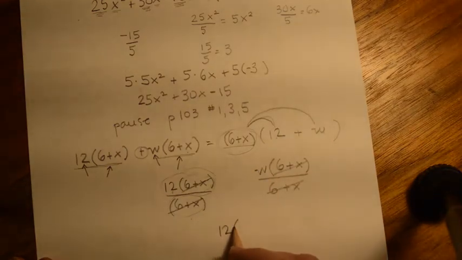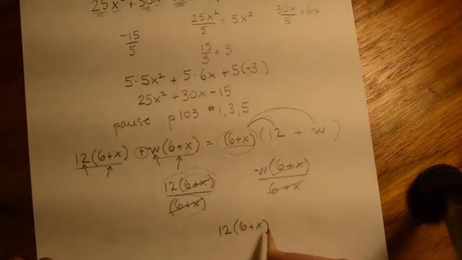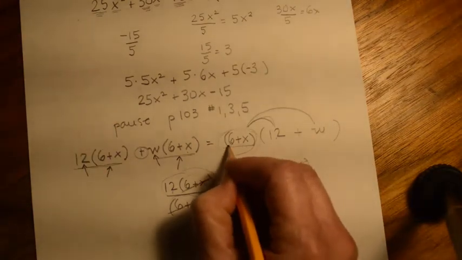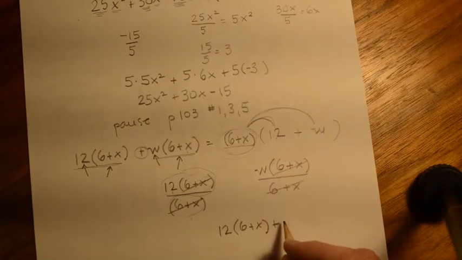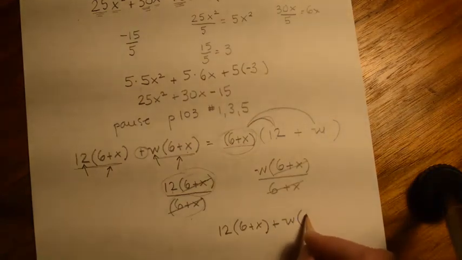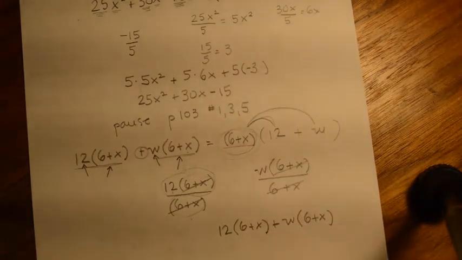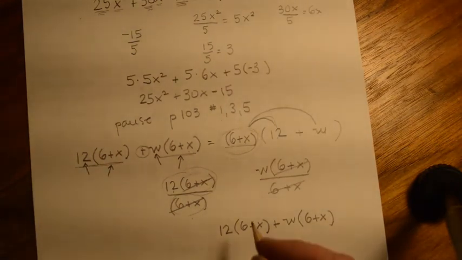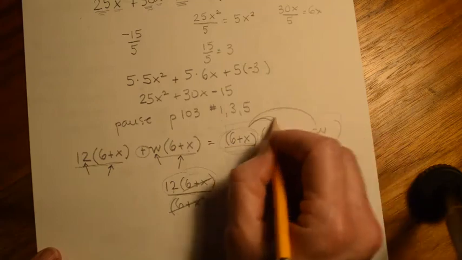That is 12 times (6 plus x) because order doesn't matter, plus (6 plus x) times w. Again, I'm going to write that as w times (6 plus x). That's what we got. All right, so this would be the way we would factor it.